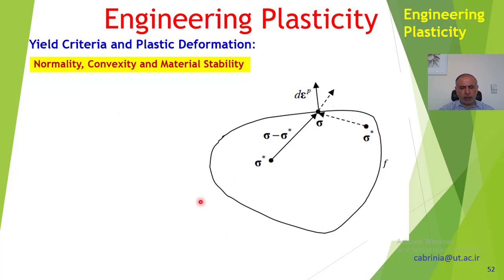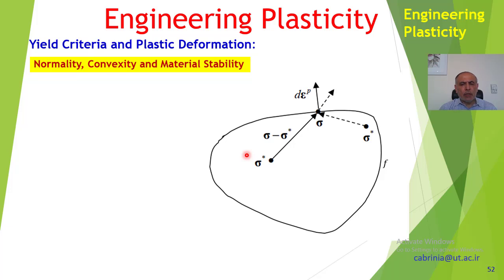Now, what we are interested in here is the yield surface and its shape. I said that the shape of the yield surface could be convex, it could be concave, or maybe a combination of both. Here we are going to prove that the shape of the yield surface must be convex, and the increment of plastic strain must be perpendicular to the yield surface.